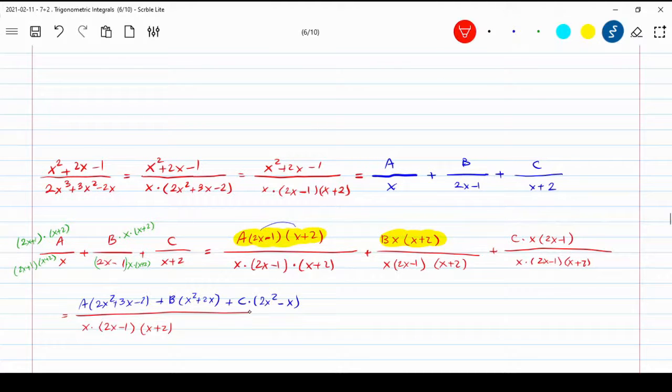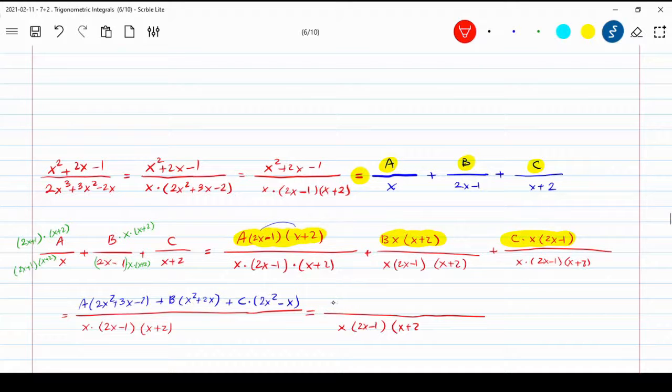Okay, I know it's a bit too much to do, but it's nothing complicated. We did an assumption, and we tried to figure out what are those numerators that satisfy this equality. And the plan is to recreate that fraction and then compare the numerators. Okay, so let's continue simplifying this. The denominator is still the same, x times 2x minus 1 times x plus 2.